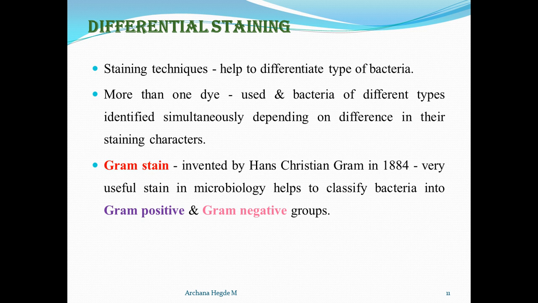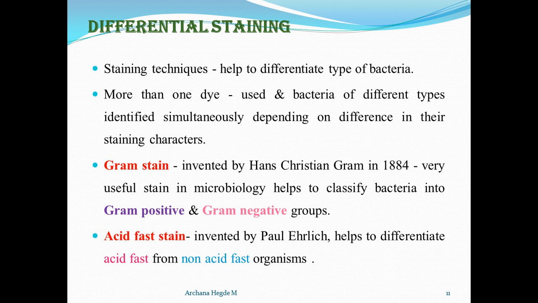It is a very useful stain in microbiology, which helps to differentiate or classify bacteria into gram-positive and gram-negative groups, wherein methylene blue stain will be used, so the gram-positive bacteria take blue color, whereas the secondary stain is called safranin stain, and the organism which takes safranin or acidic stain gives a pink color.